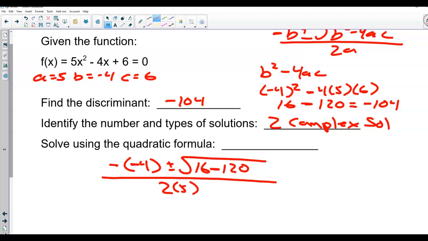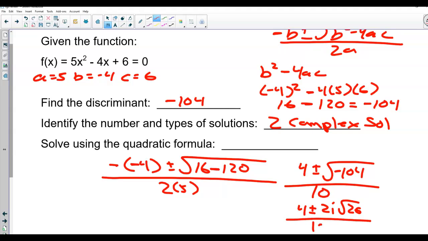So that becomes 4 plus or minus the square root of negative 104 over 10. 4 goes into 104 26 times. So it'd be plus or minus 2i root 26 over 10. I think it's neatest to take the denominator and divide both terms. 4 over 10 is 2/5. Plus or minus the 2 over 10, the 2 cancels, i root 26 over 5. That is how I would write the answer.